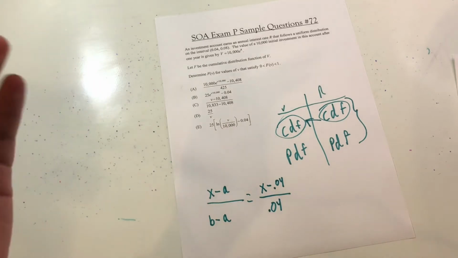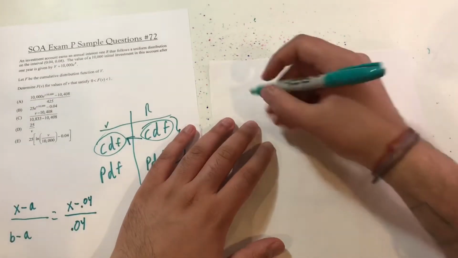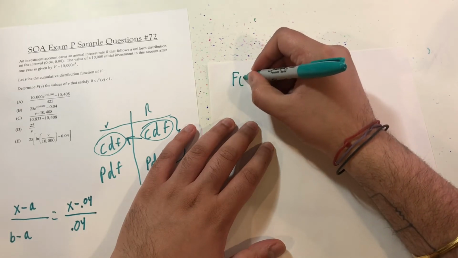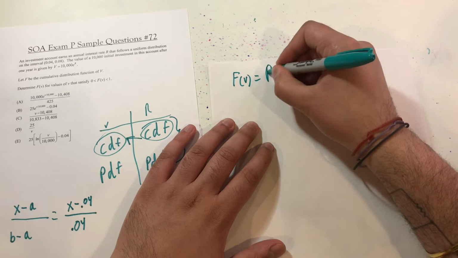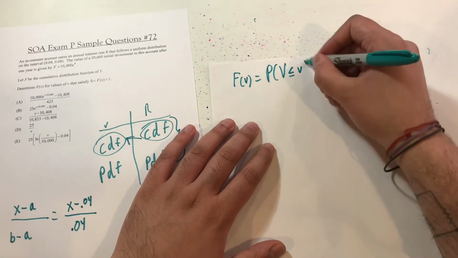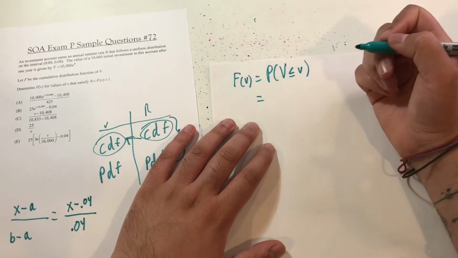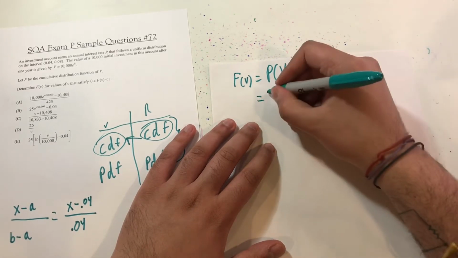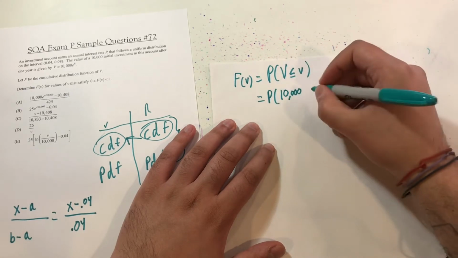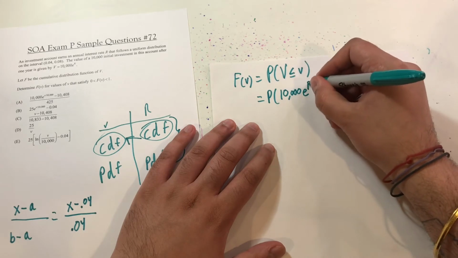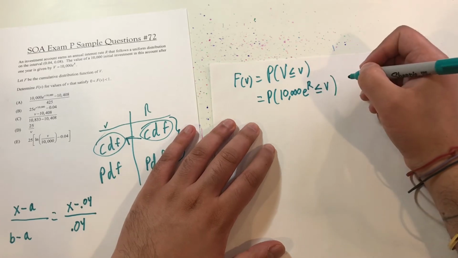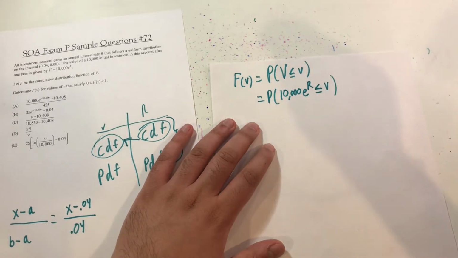Now let's look at building the CDF of V. The CDF of V, capital F of v, should be equal to the probability of V being less than or equal to some specific small v. Now, I know V is equal to 10,000 e raised to the R power, and that is less than some specific v. Now, what I want to do is isolate R. Easy enough.